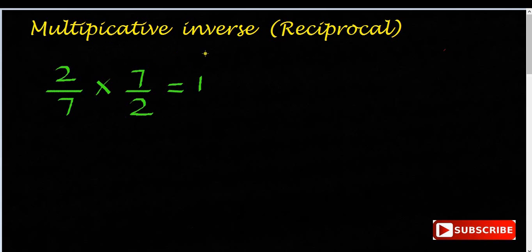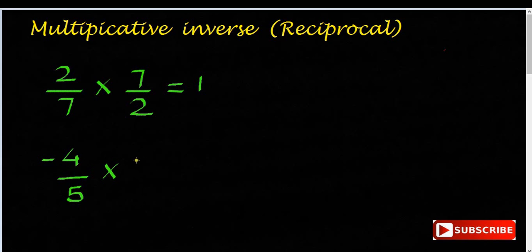So a multiplicative inverse or reciprocal should be such that whatever number you multiply, the answer should always be 1. Like if you have the next example, 4 upon 5. Multiply by a number so that the answer is always 1.